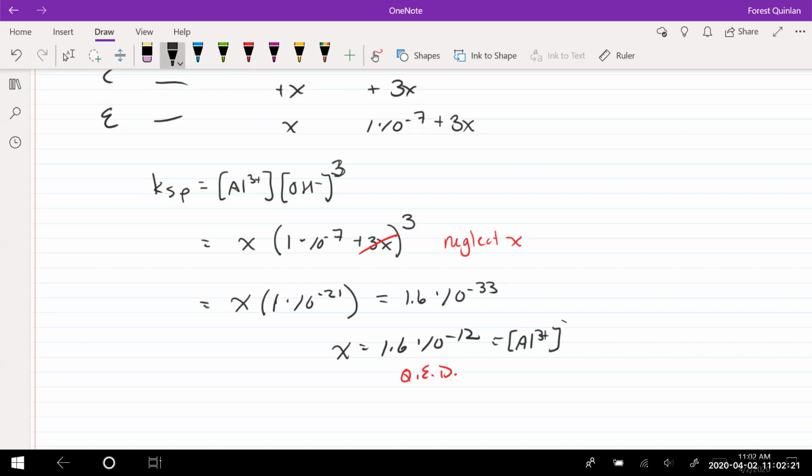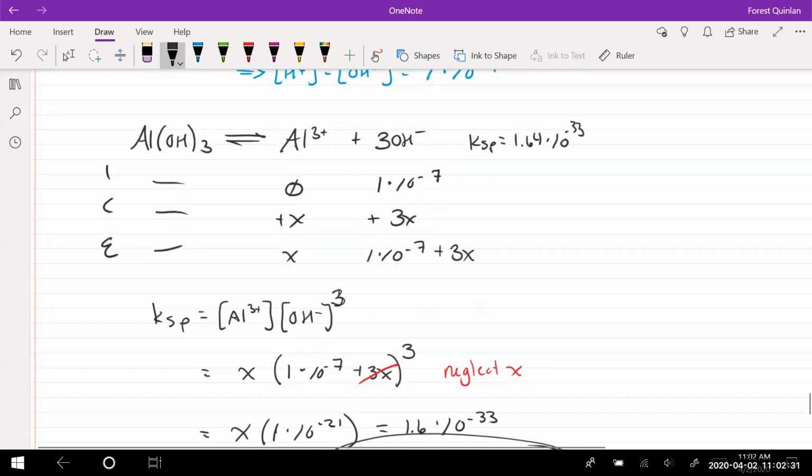Hey, question. So this would be very similar if there was an H+ involved instead of an OH-? Well, the H+ would not be a common ion here.